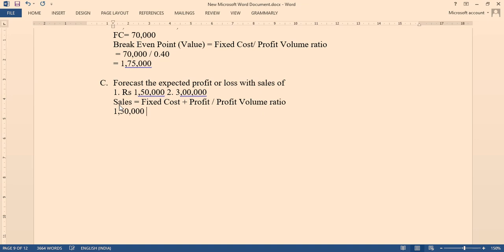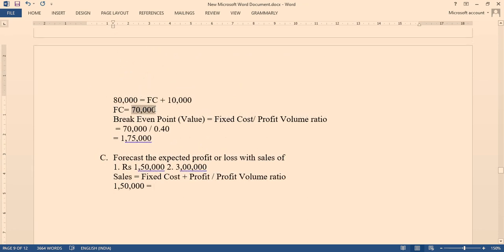The fixed cost we already got is 70,000, so 70,000 will be here. The profit or loss we don't know, so I write profit or loss, divided by the PV ratio 0.40 or 40%.